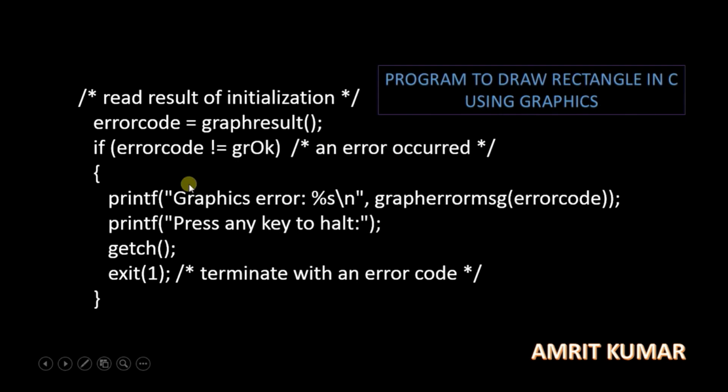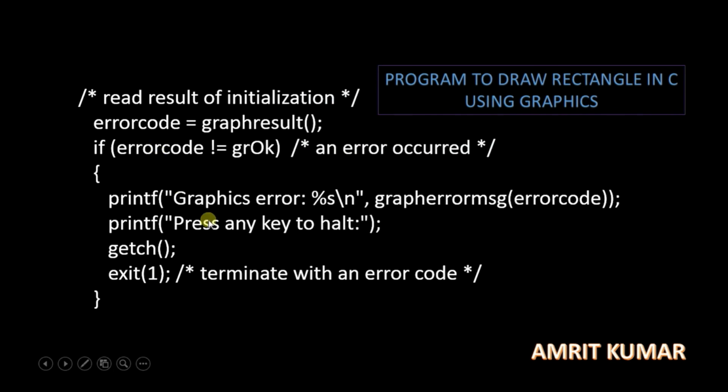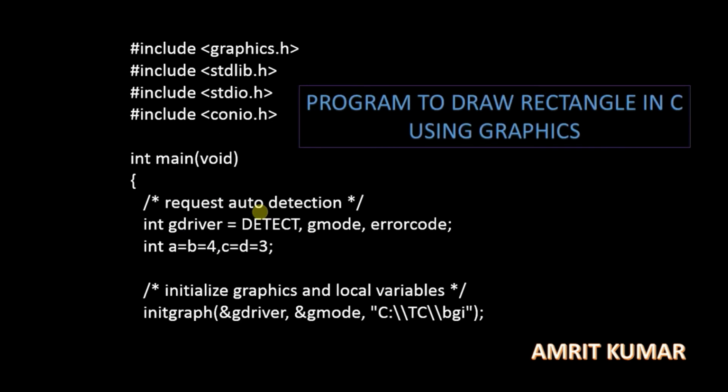Now after that I have used the concept to read the error code that is generated during the initialization of graphics. Okay. If an error code is generated, it means our graphics initialization has not worked properly. So this is the error code for a graphics error, if there is a problem in something like initialization.